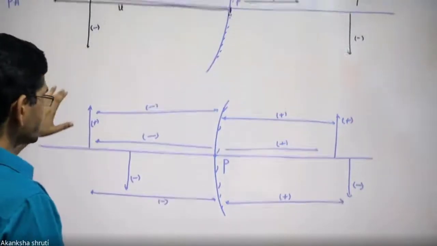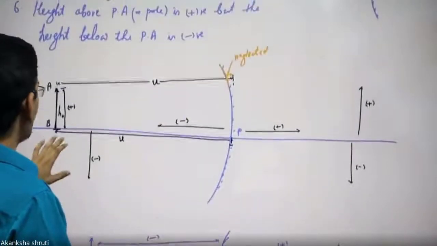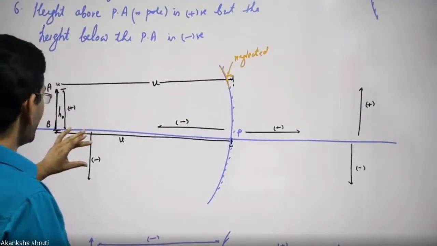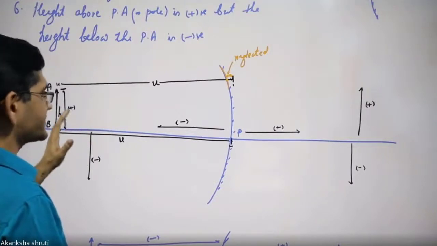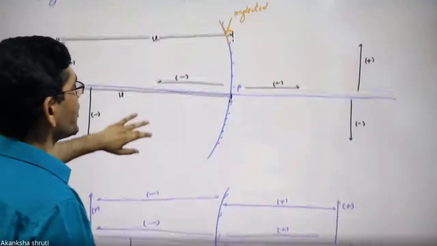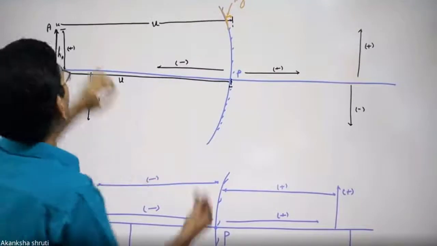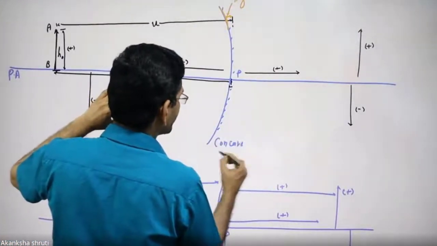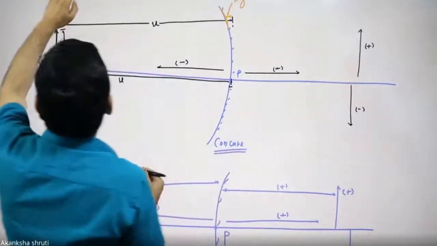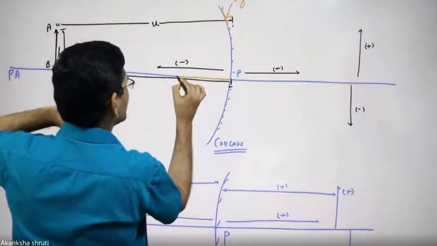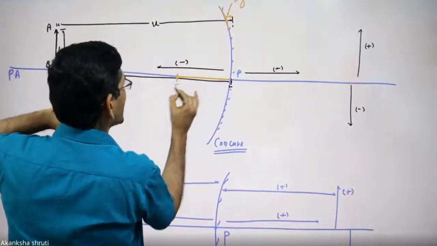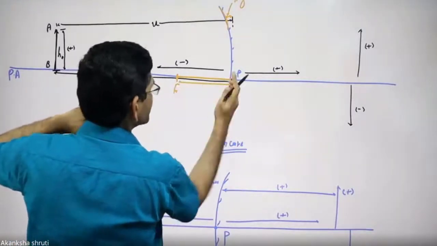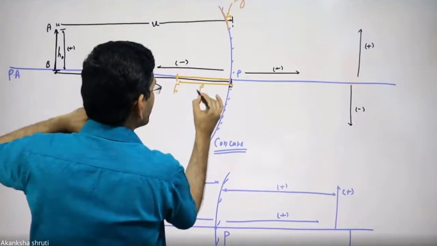Students, this way the signs of the object, image, their distances, their heights can be written. Another important thing we are observing, in our concave mirror, we know that the focus is always on the left hand side, and the focal length is from this pole to this much. Means what?